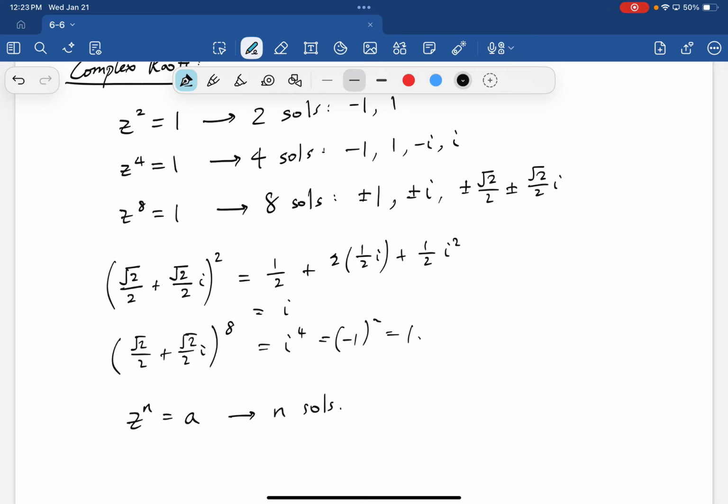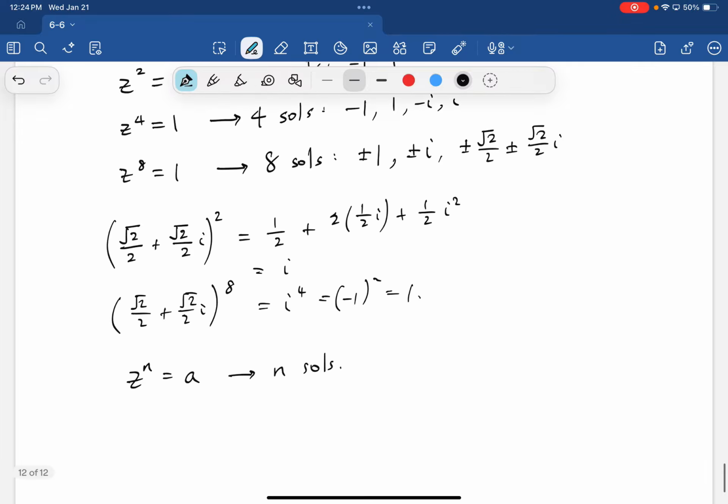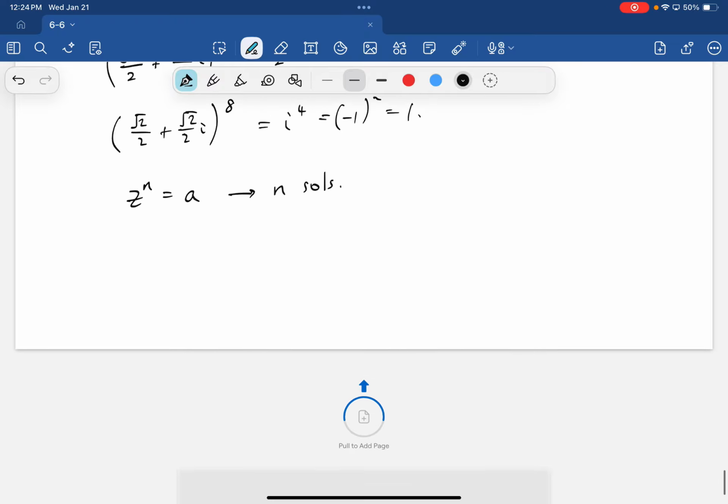The question we're trying to address is how we find those n solutions. Z cubed has 3 solutions. Z to the 5th has 5 solutions. Okay, let's talk about how we find them.